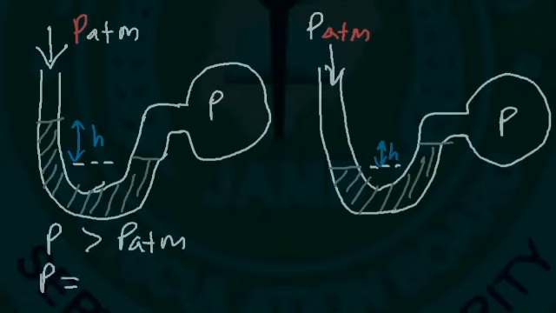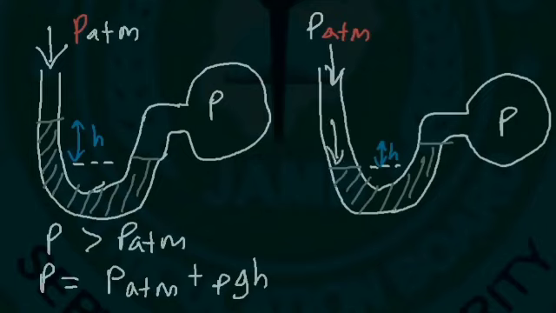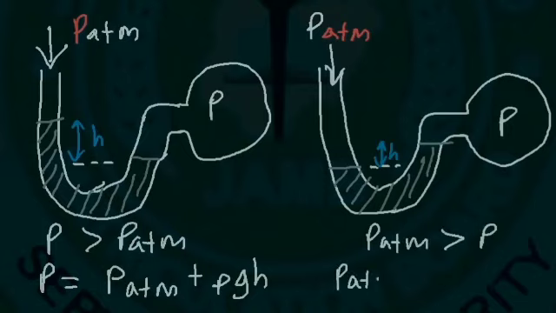So P is equal to the atmospheric pressure plus the gauge pressure, which is the density times gravity times the height of the mercury column. Now on the other side, the air pushes down more on the mercury column than the gas. So the atmospheric pressure is stronger. So therefore, the atmospheric pressure is equal to the pressure of the gas plus the gauge pressure.